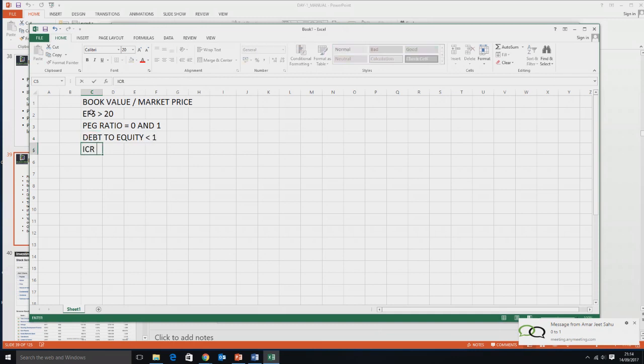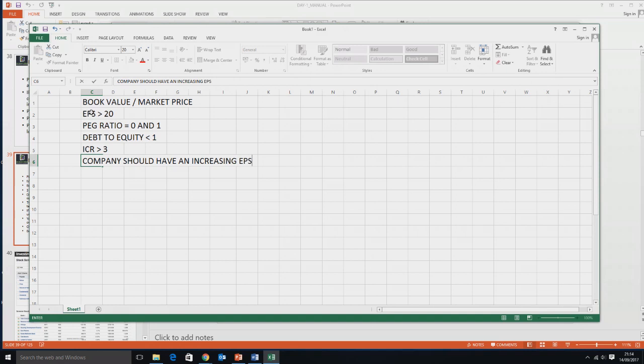What should be our interest coverage ratio? Should be greater than 3. And company should have an increasing EPS. There should not be any pledged share.